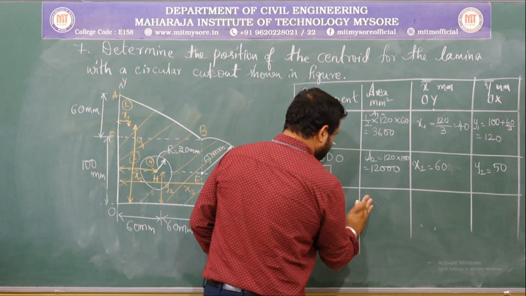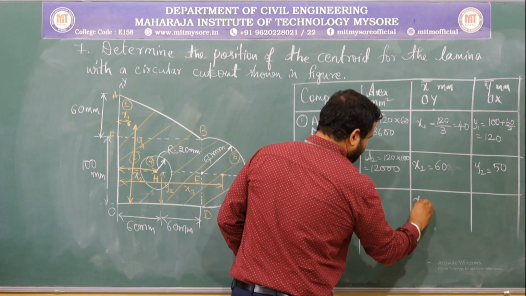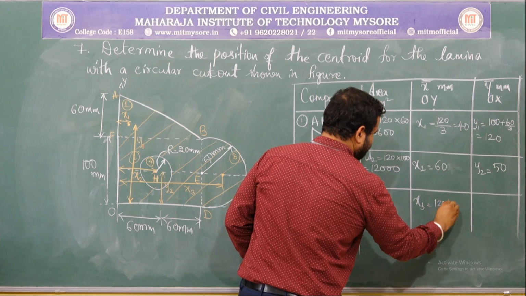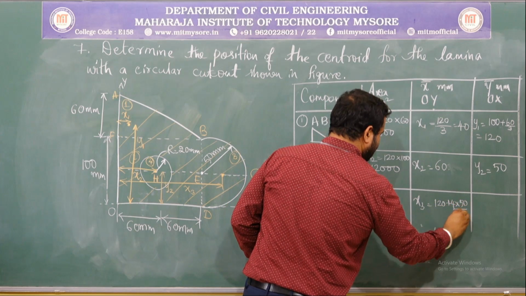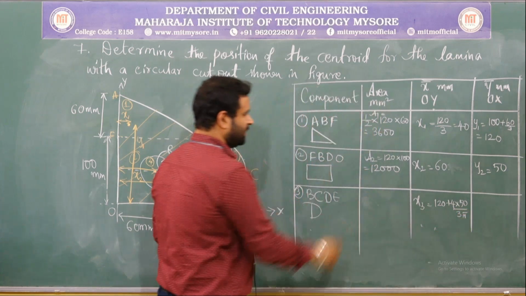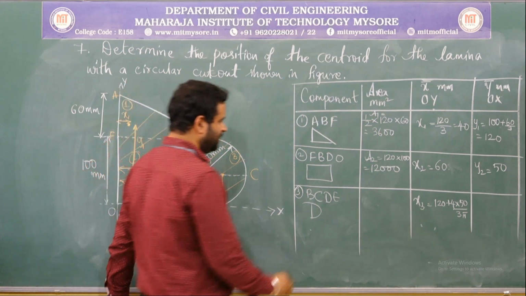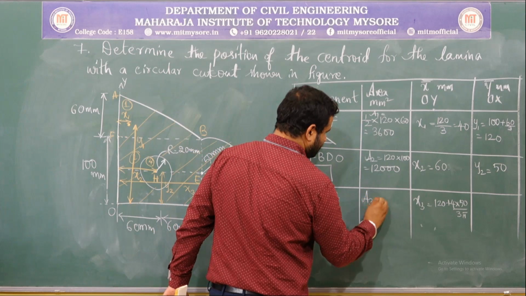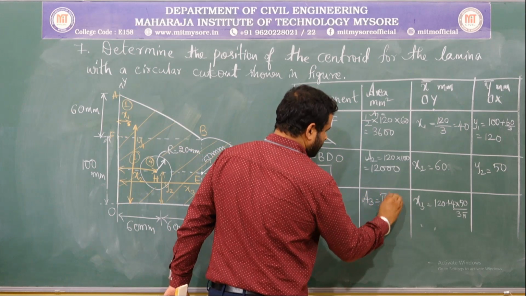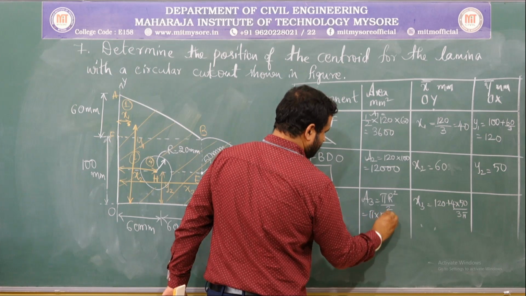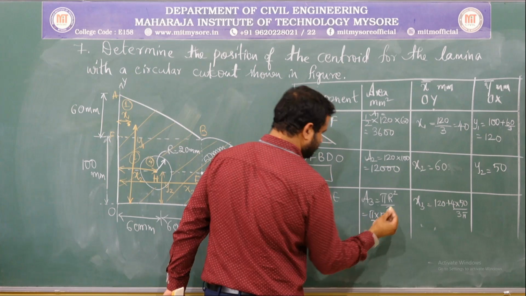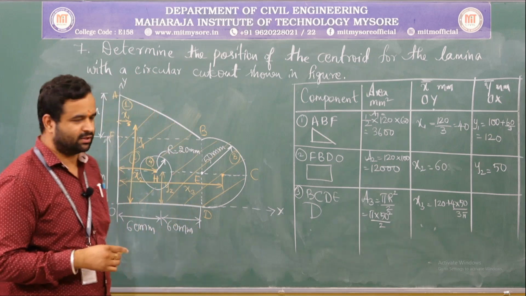So, I will be writing x3 as 120 plus 4 into 50 by 3 pi. I had skipped calculating the area, that is A3 equals to pi r square by 2, which is pi into 50 square by 2. Let it be as it is, we shall substitute it later.